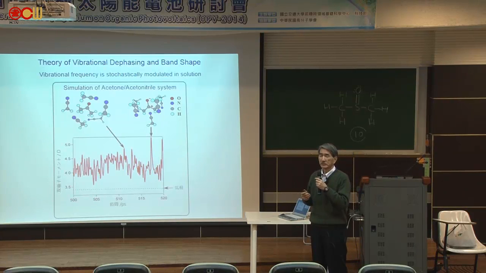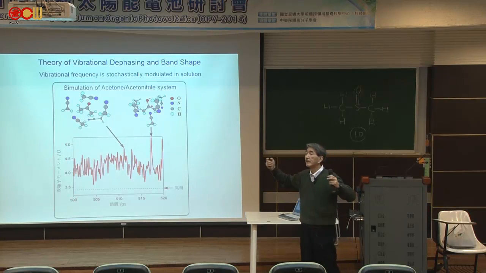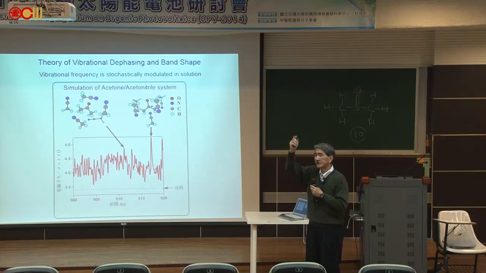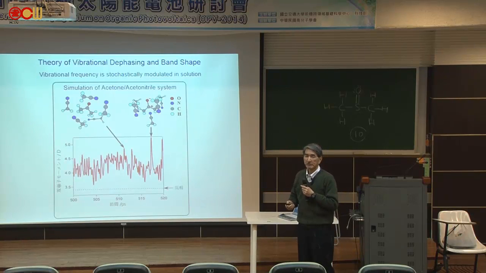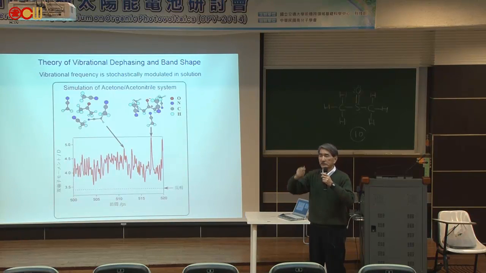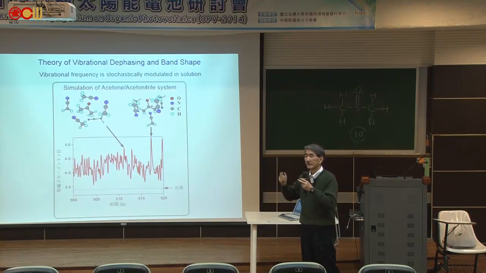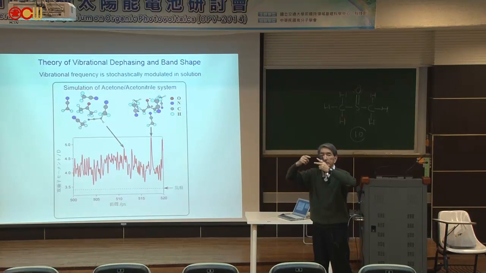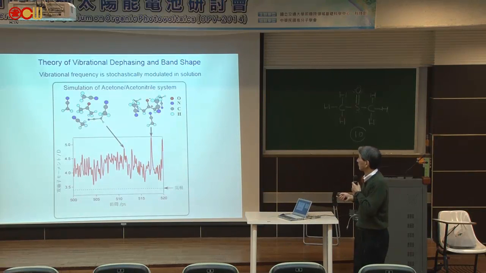If your molecular vibration vibrates with the same frequency forever, then it is very sharp, no width. But if the vibration is stopped somehow, disturbed by solvent or some other reasons, then it becomes broader. So the width comes from how the vibration is dephased.